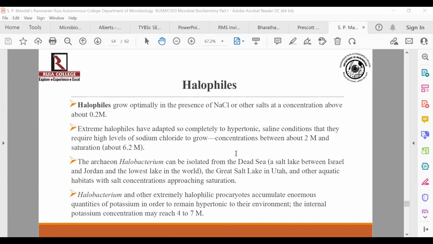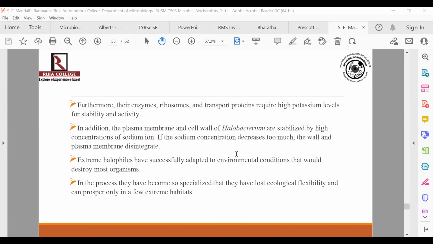The internal potassium concentration, because they are accumulating potassium inside themselves, could be as high as 4 to 7 molar. And they have undergone a lot of adaptation in order to keep their enzymes, ribosomes, and transport proteins stable in high potassium levels also. Because normally in any organism with such a high concentration of potassium, the protein and enzyme structures will get very easily affected.